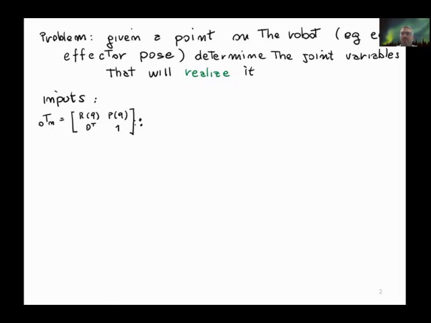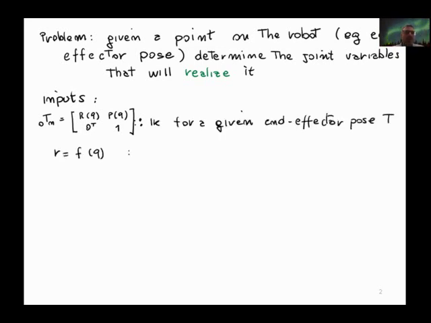And so as inputs for inverse kinematics, we can have what we saw, that is the homogeneous transform between base frame and end effector, or last link frame, or whatever set of task variables.